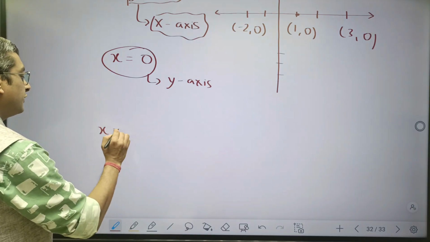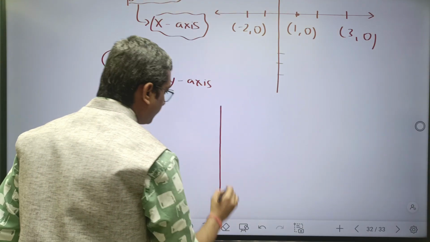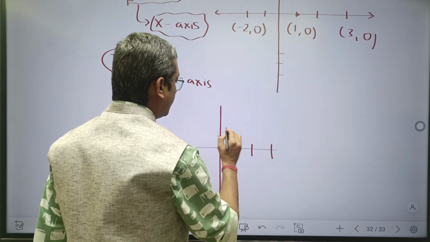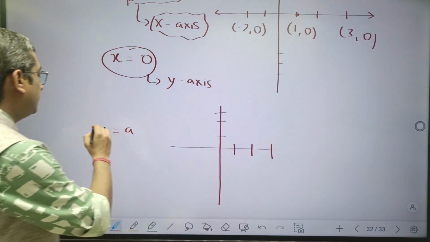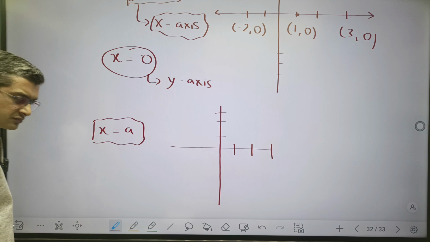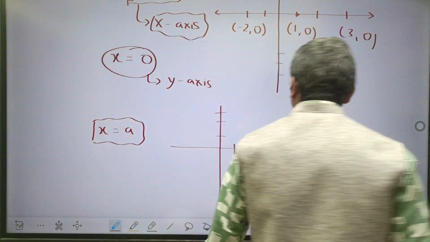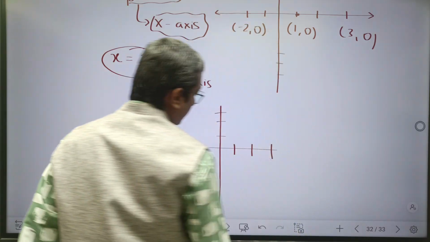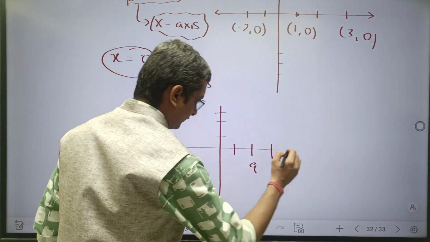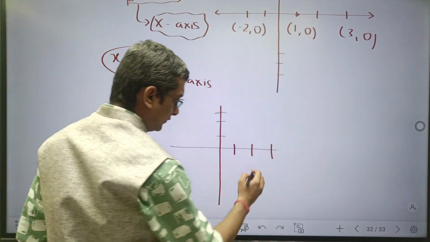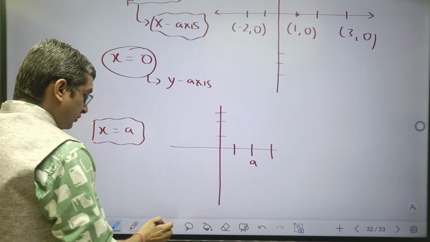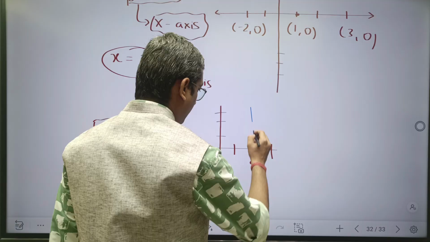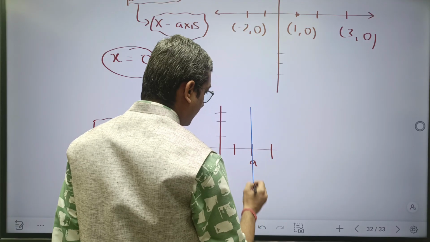Suppose you have to represent x is equal to a. How can you plot x is equal to a? Let us suppose this is 1, 2, 3. So what information does it carry? That no matter what the value of y is, the value of x must be a. Suppose I write here x, a. This is a. So the graph must pass through this a.